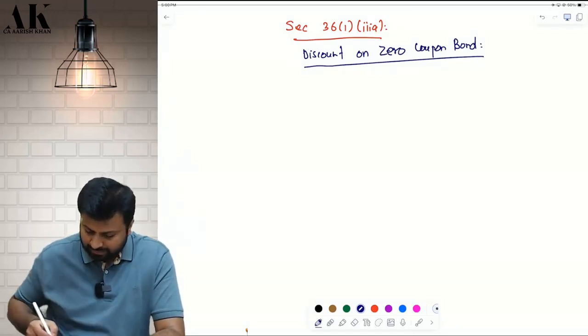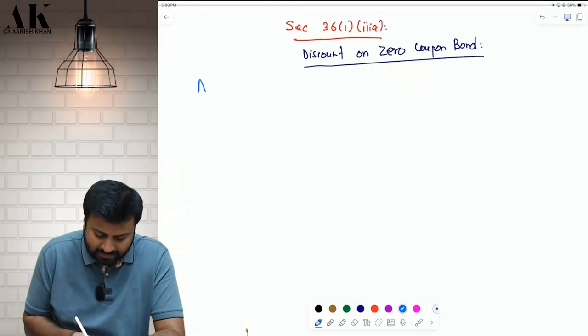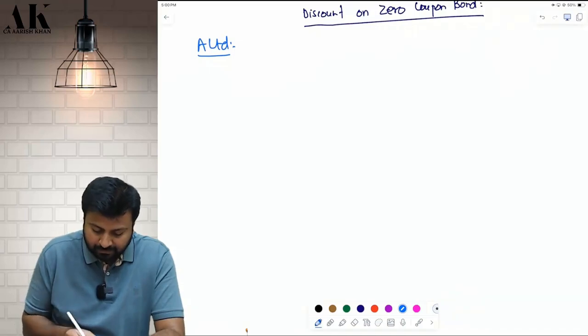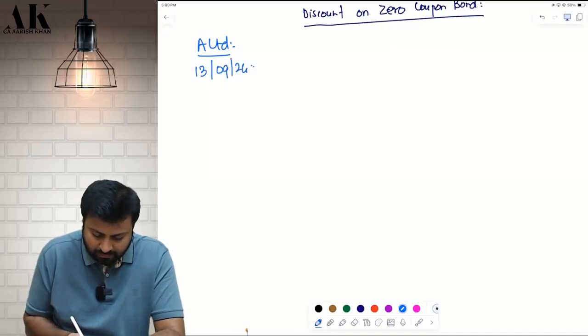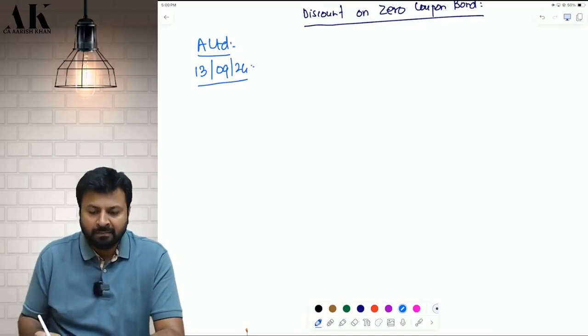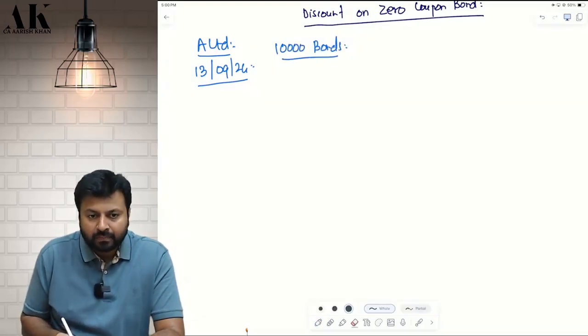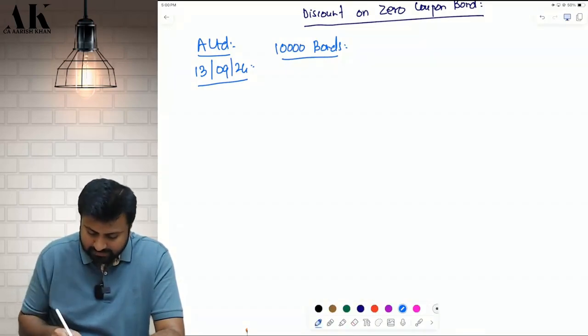Let me give you an example. See on the board please all of you. Suppose this is the company A Limited. Today is 13th of September 2024. I am issuing 10,000 bonds today. Zero coupon bonds. The issue value of the bond is, I am issuing at rupees 50 per bond.